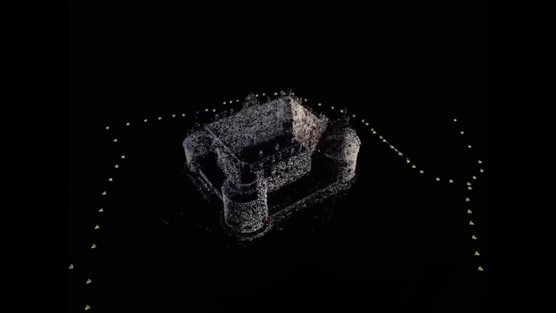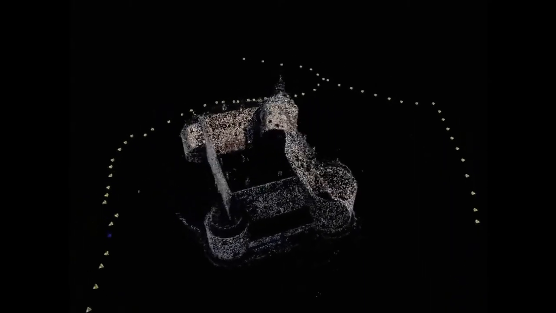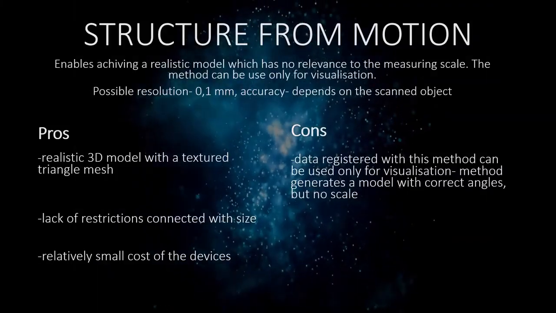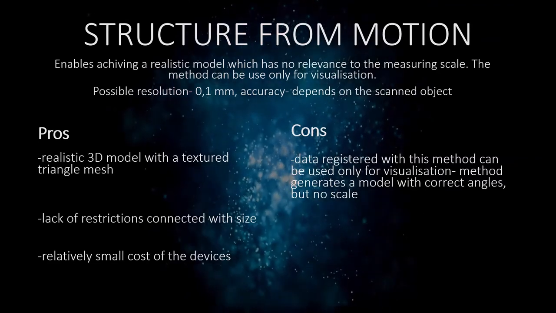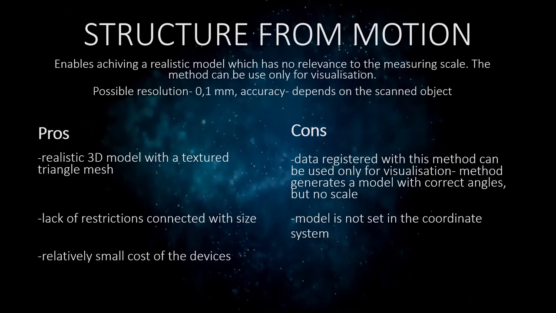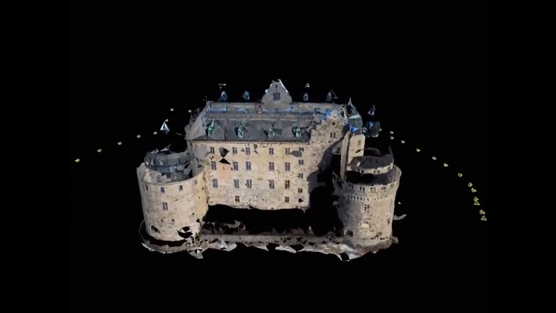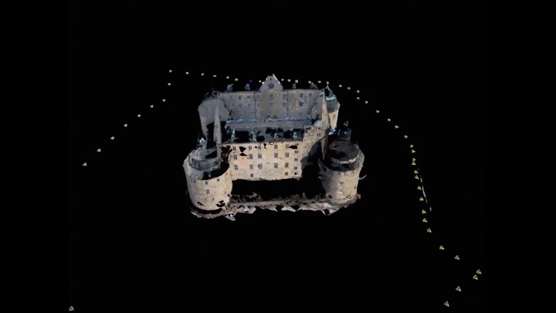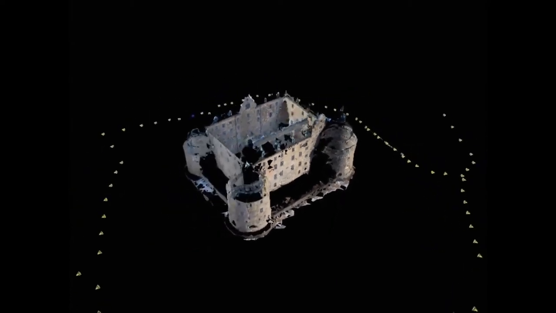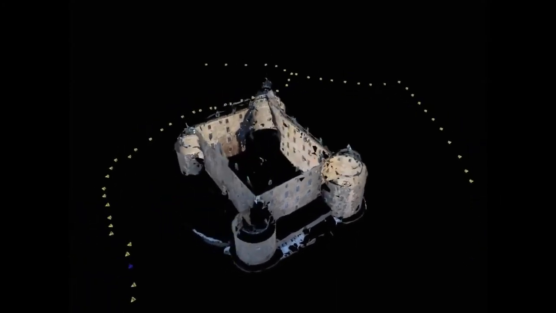It generates a model with correct angles of the measured object, but there is no relevance to the measuring scale. The achieved visualization isn't set in the coordinate system, so to assess, for example, the real size of an object is impossible. Accessible resolution reaches 0.1 mm, and accuracy depends on the scanned object and cannot be settled.